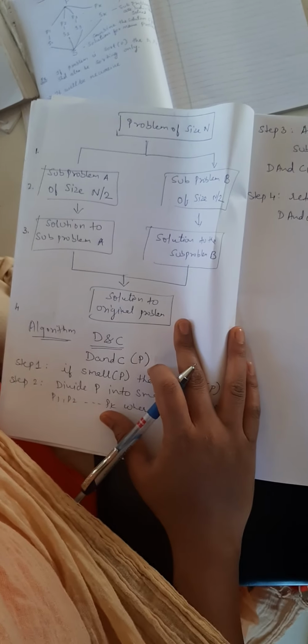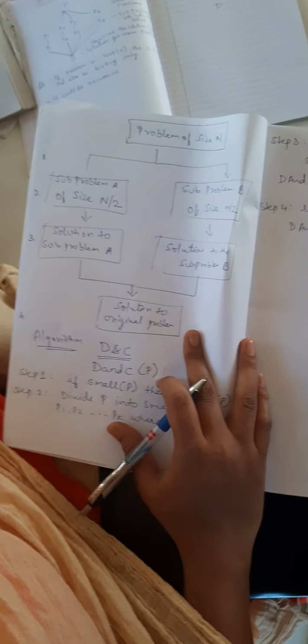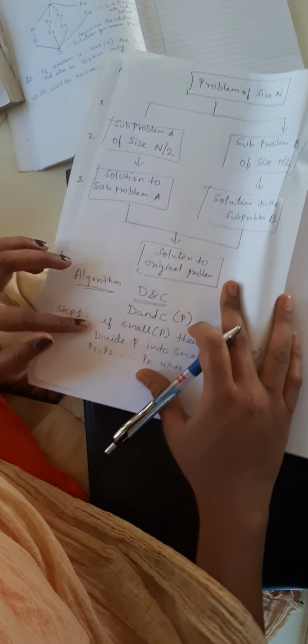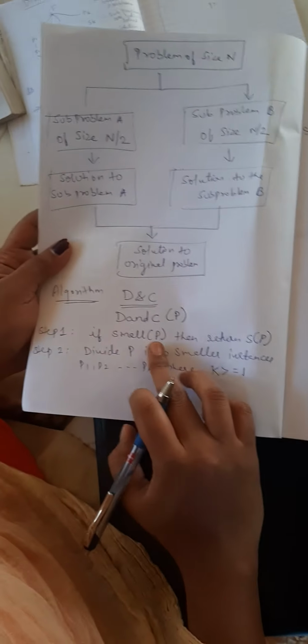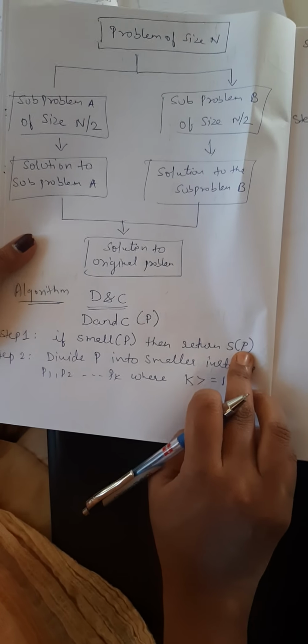So this is the general, or we call it as the, if they ask you what is the control abstraction of divide and conquer, mention some of the problems that can be solved using divide and conquer. So these are some of the questions. So if they ask you the algorithm, there are 4 main steps. The first step is to divide the smaller problem and then you have to return the solution for that problem.